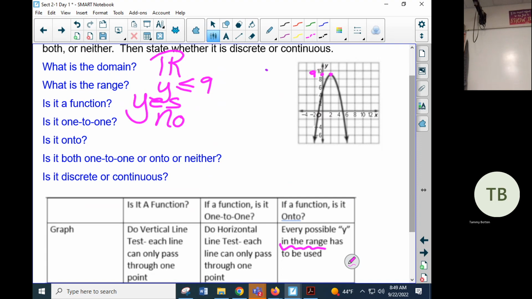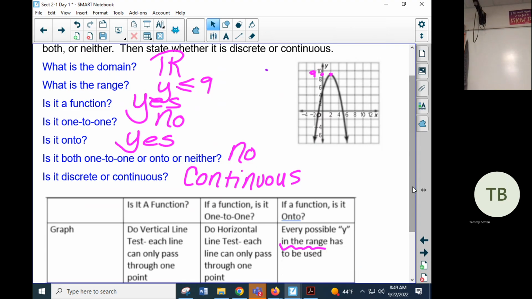Every one of these Y's has to have a point on the graph, and it does. So it's onto. Is it both? No. Is it discrete or continuous? Because this has a line through the points, it is continuous. So your answer for this one would be that it is a function and that it is onto.